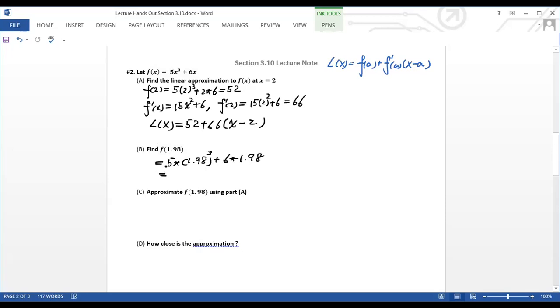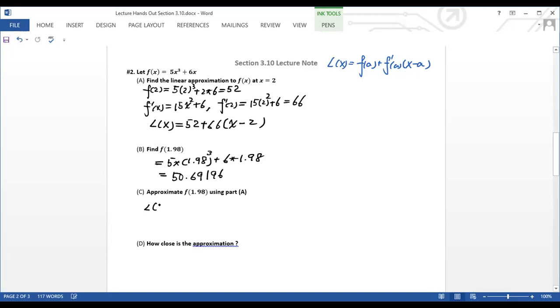Of course, with a calculator it's easy, but if you don't have a calculator, it might take you a few minutes to do the cube of 1.98. So I find it is 50.69196.